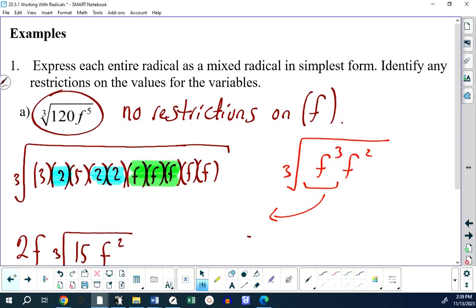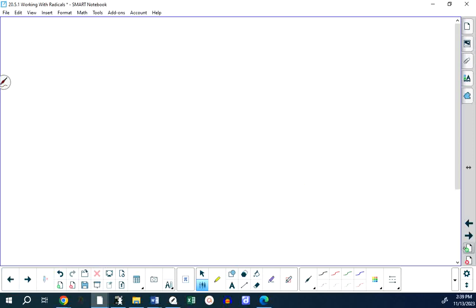Owen, do you know? It's because you can take the cube root of a negative number. Right. If the root number is even, then you can't have a negative number in there. Right. So let's just talk about something with numbers. I'm going to use 64. What does the square root of negative 64 mean?